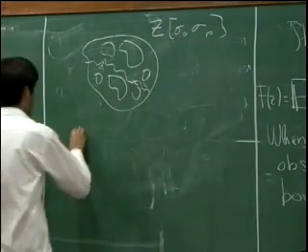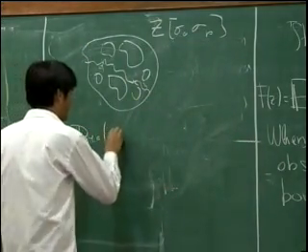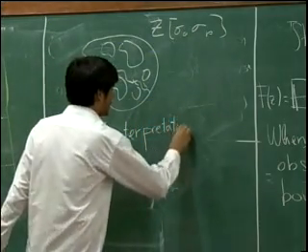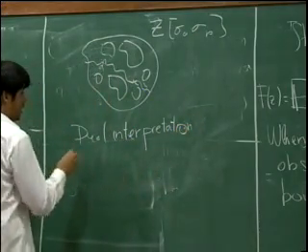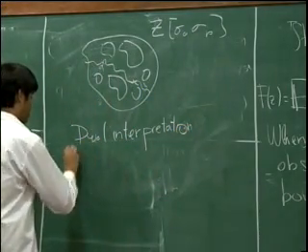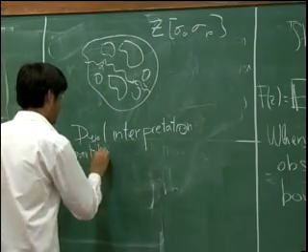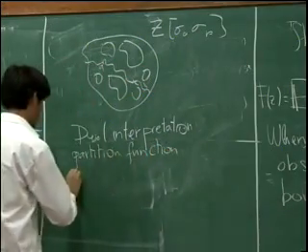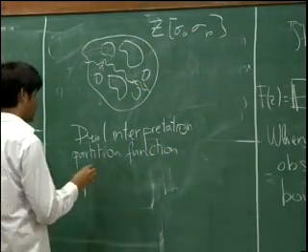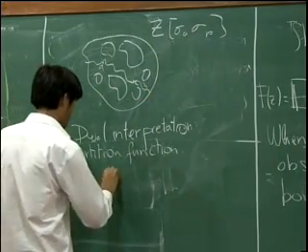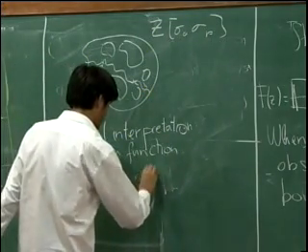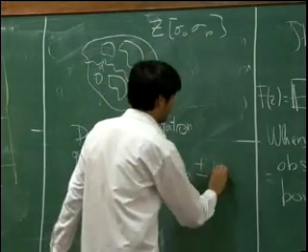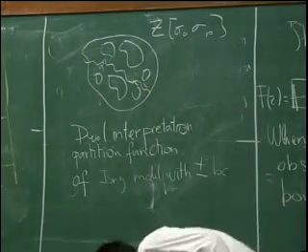So, dual interpretation: partition function of the Ising model with plus minus boundary conditions.